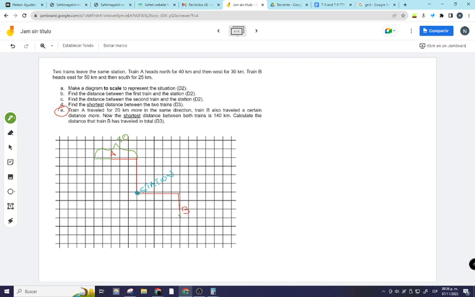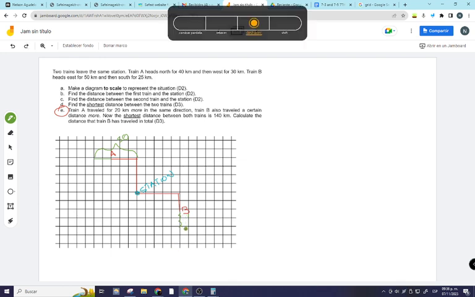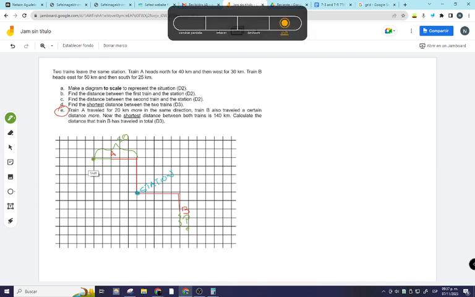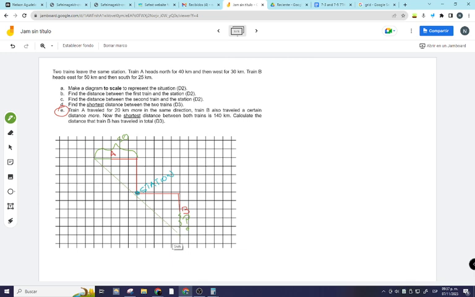Like we don't know. It's unknown. Now the shortest distance between both trains is 140 kilometers. So if we make something similar to the previous point, the distance between them should be 140 kilometers.